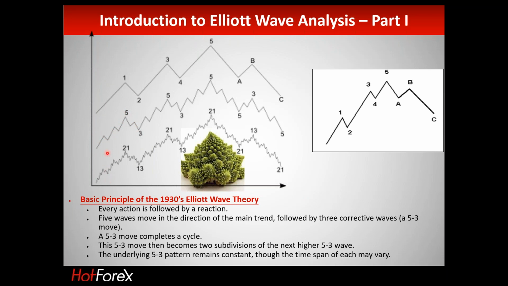If I zoom in again, I will see the same pattern repeats itself. 5 up, 3 down, 5 up, 3 down, 5 up, 3 down. So smaller patterns can be identified within bigger patterns, fractal nature. In this sense, Elliott waves are like a piece of broccoli, as I'm saying here.